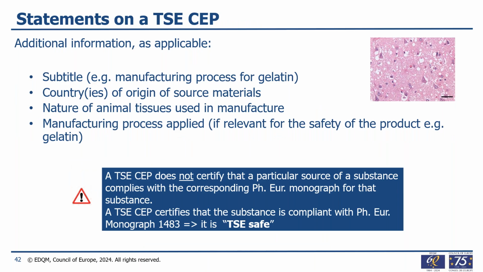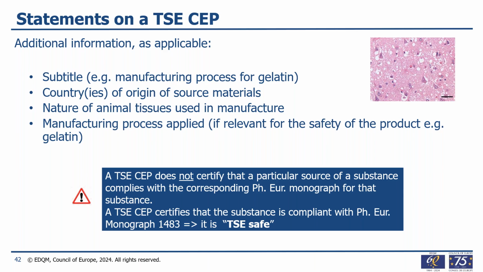On the TSE certificates, you may see a subtitle, for example, for the manufacturing process of gelatin. Also mentioned are countries of origin of the source materials, name and nature of animal tissues used in the manufacture, and the manufacturing process applied, if relevant for the safety of the product, for example, for gelatin.